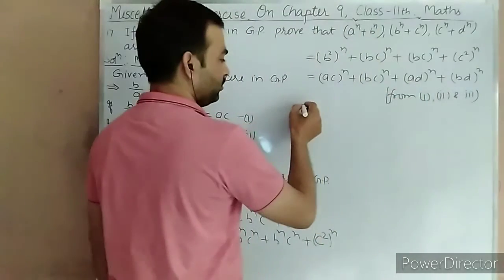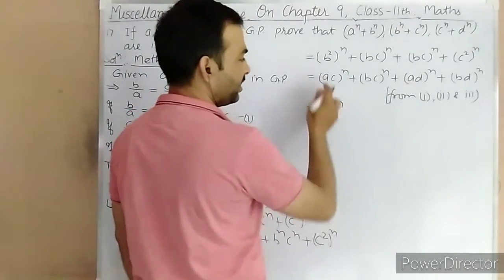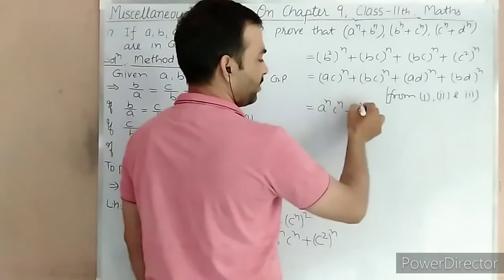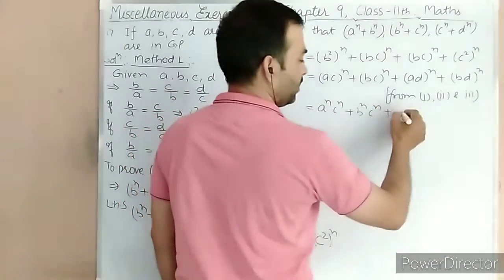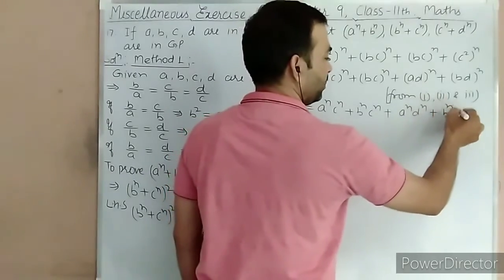Now it is equal to A power n C power n plus B power n C power n plus A power n D power n plus B power n D power n.